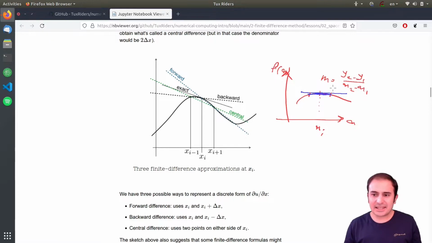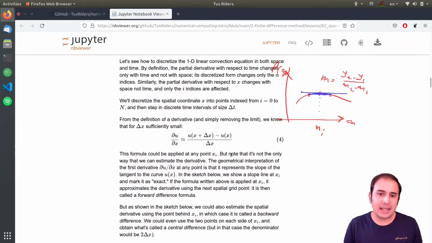This is how you can interpret this very nice graph, which shows how the exact slope at each point is correlated to the forward, backward and central differences.